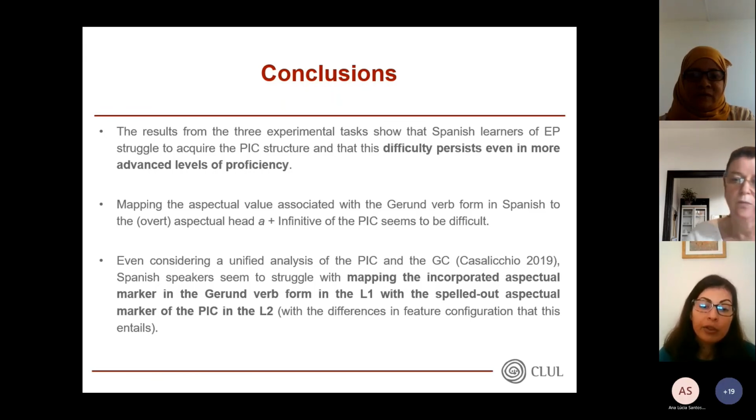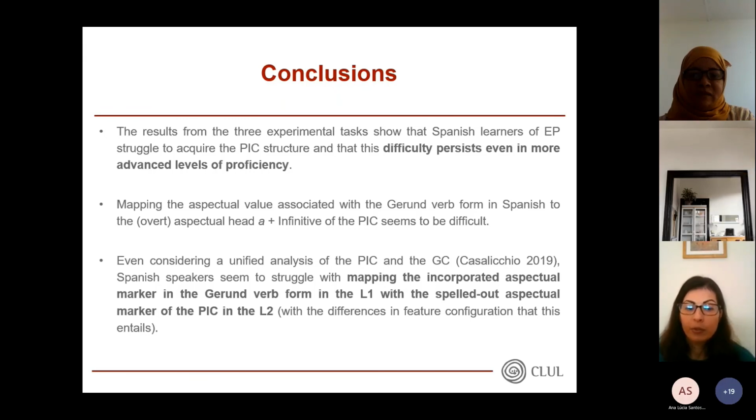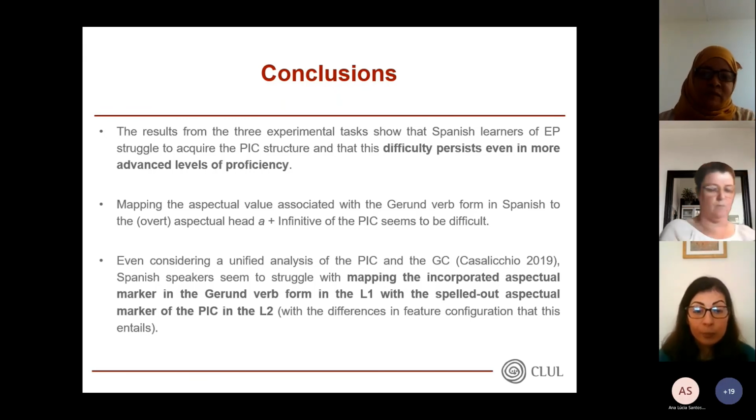And even if we consider a unified analysis of the PIC, Spanish speakers seem to struggle with mapping the incorporated spectral marker in the gerund verb form in the L1 with the spelled out spectral marker of the PIC in the L2.